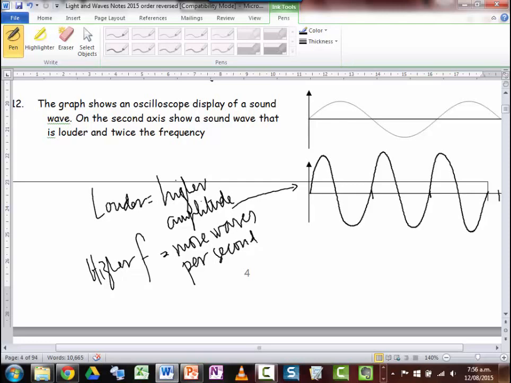So basically this is a time axis horizontally. So in this second wave that I've drawn, we get many more waves in the same time.